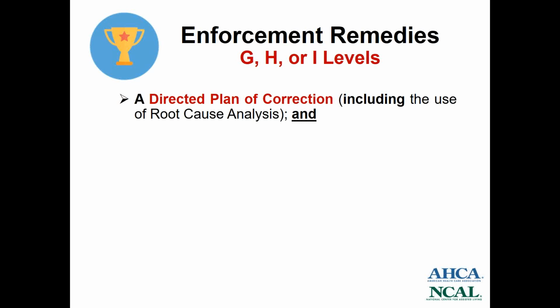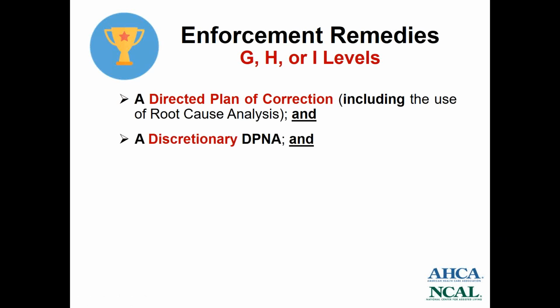In addition, as Pat has discussed, it also requires a discretionary DPNA. There are two DPNAs. There's a discretionary DPNA, and there's a denial of payment for all admissions. But this one deals with just the denial of payment for new admissions.